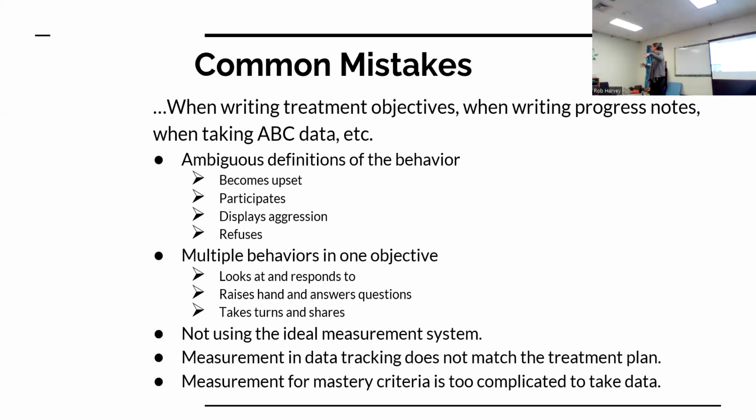So a big theme with the definitions is being able to identify what individual behaviors are and decide if you want to target individual behavior or if you want to cluster them together in the way that we do with tantrum behavior. But some just go together also, so we accidentally include them, like looks at and responds to. Raises hands and answers questions, takes turns and shares.